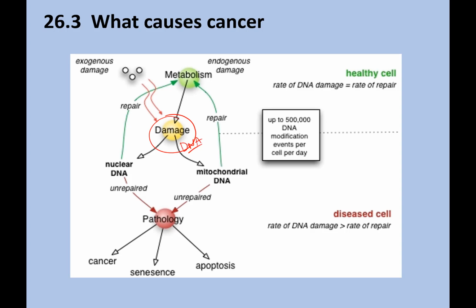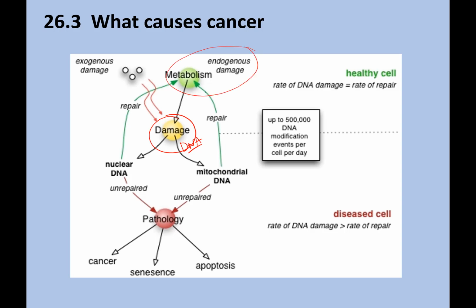So, mutations that cause proteins to behave differently than in your wild type or normal cells. And DNA mutations can be caused from lots of different mechanisms.